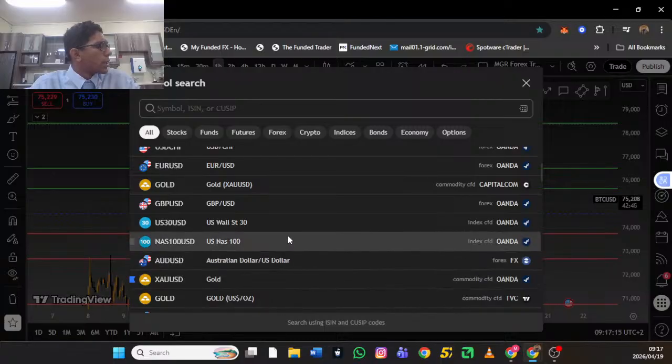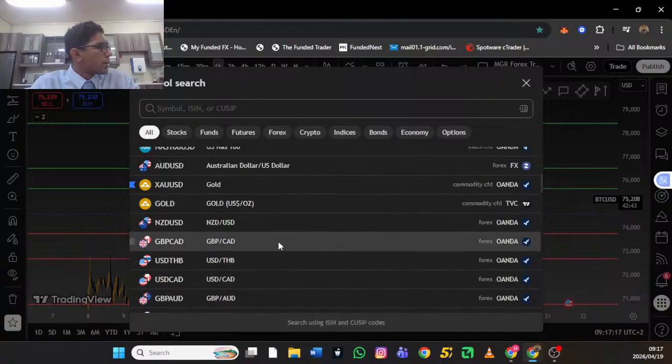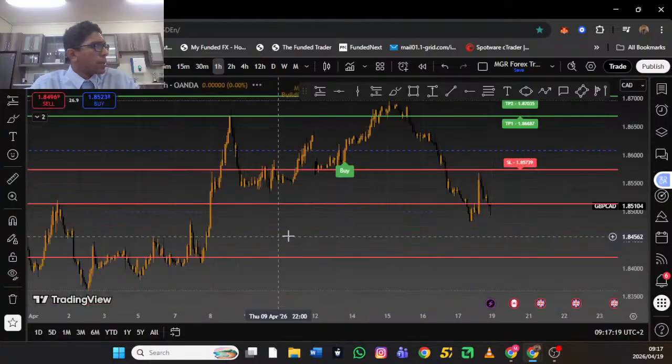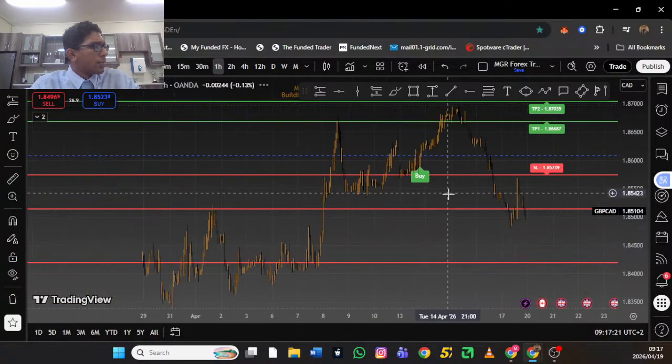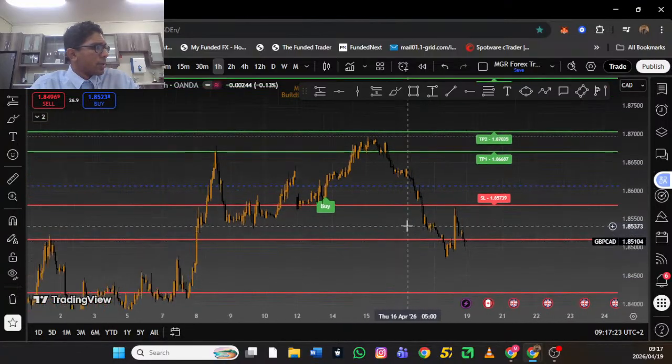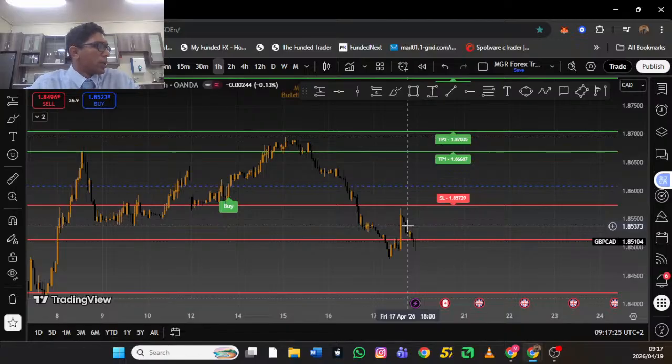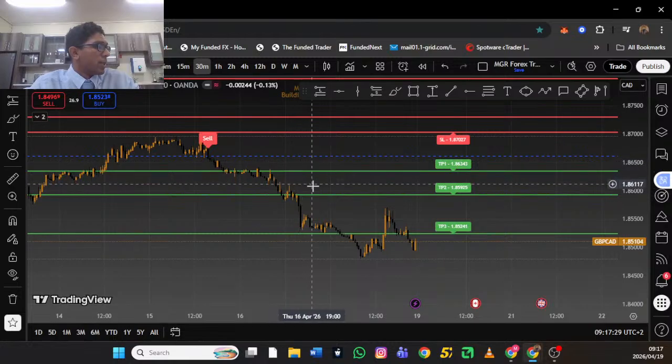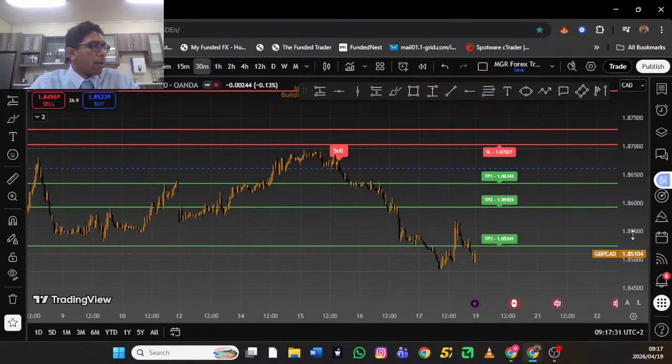Have a look at this. Wonder what else I can do here. It's more of an exotic pair. If you look carefully, you'll notice that the exotic pairs tend to move a bit differently. The minor pairs tend to move a bit differently than the forex major pairs.